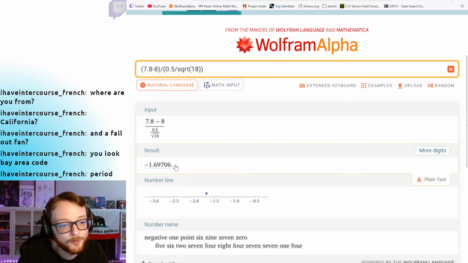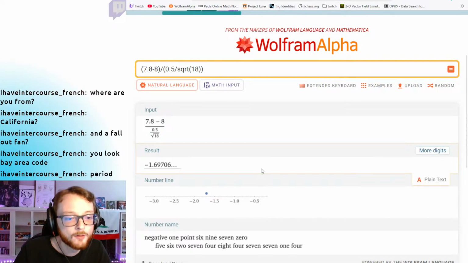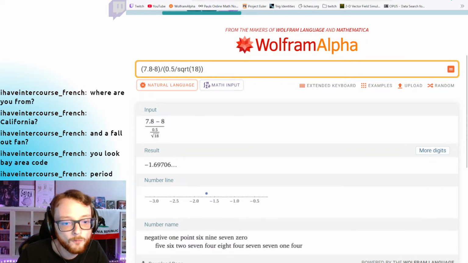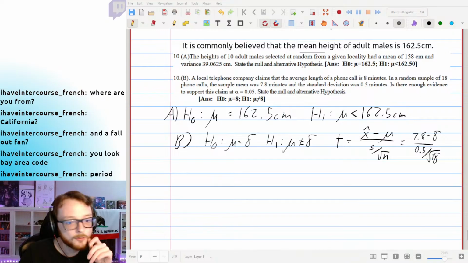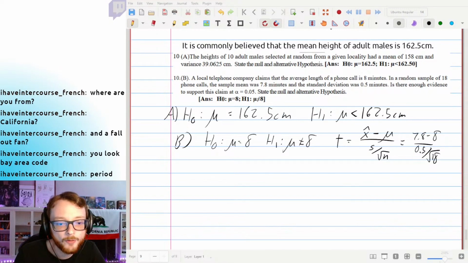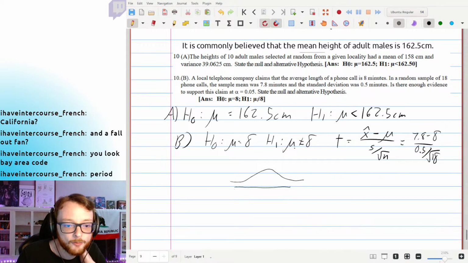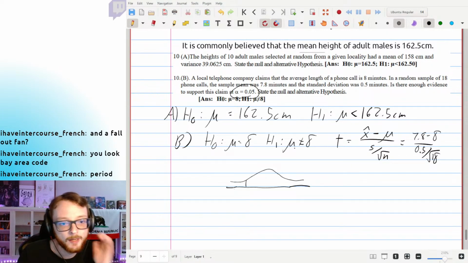Okay, and so this is our t value. Over on the t distribution, it looks like a bell curve, but it's a bit flatter depending on the sample size. We're doing a not equal to, and so our alpha value is 0.05.